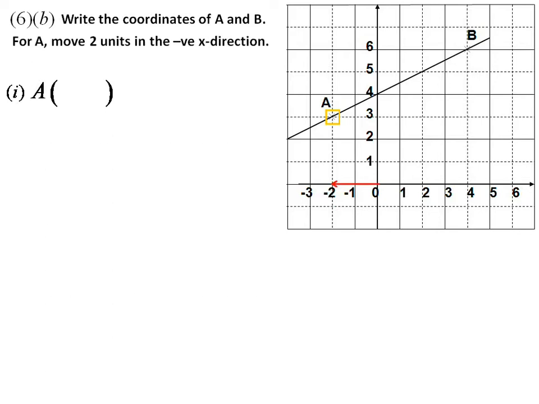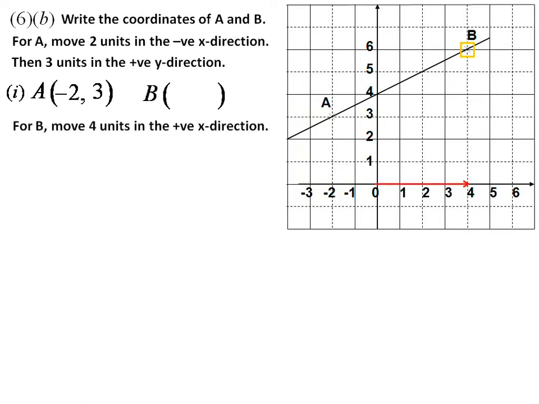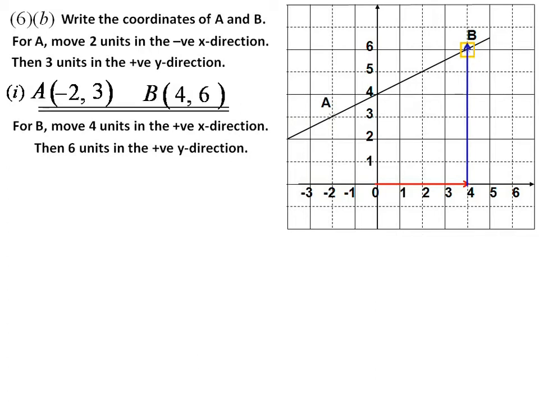For A, move 2 units in the negative x direction, and then we will move 3 units in the positive y direction. Negative 2, 3. For B, we will move 4 units in the positive x direction, followed by 6 units in the positive y direction. 4, 6.